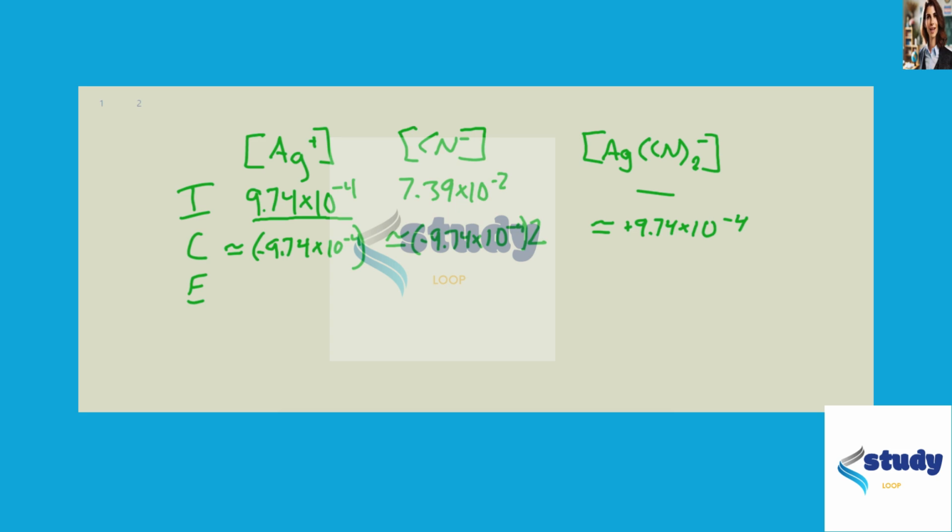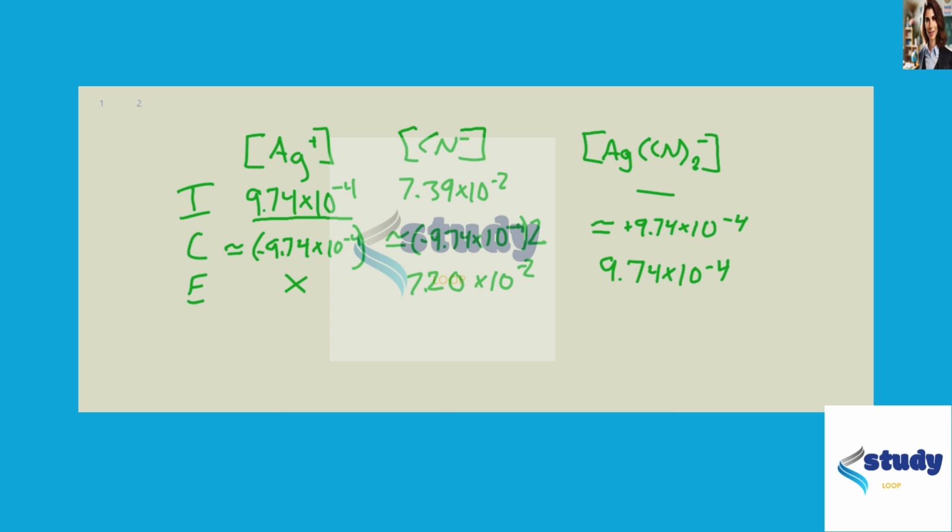So now we can just do the calculation, subtract from the top and bottom, 10 to the minus 2. Here the concentration will be about 9.74 times 10 to the minus 4. Here we're going to let X equal the equilibrium concentration of silver. So we should be close to 0, since we're saying that almost all of it is being used.